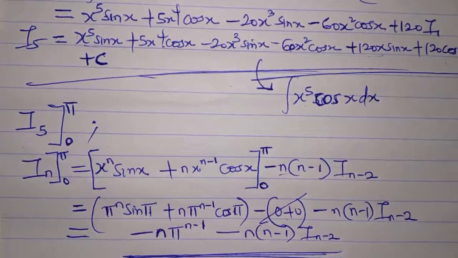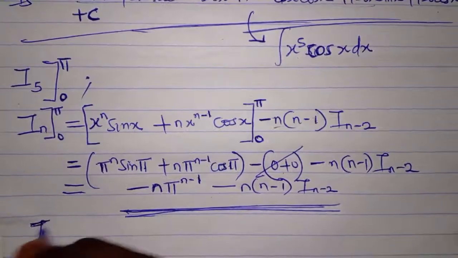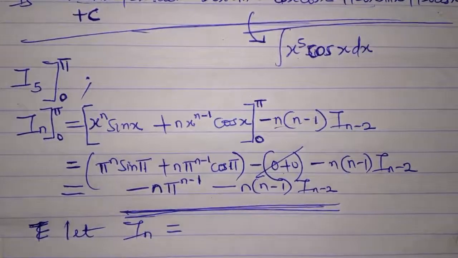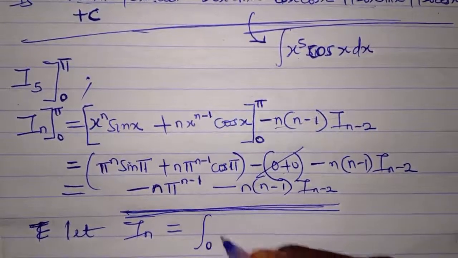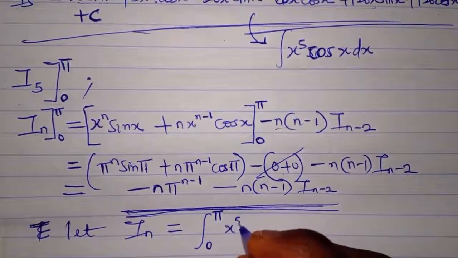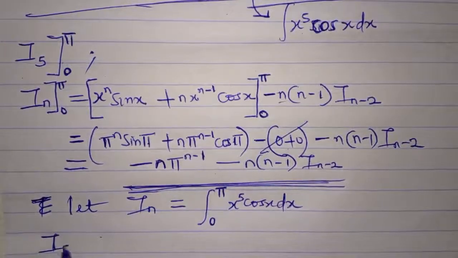The integral of x to the power 5 cos x dx from x equal to 0 to x equal to pi. Let I sub n be equal to the integral from 0 to pi, and this will be I5.